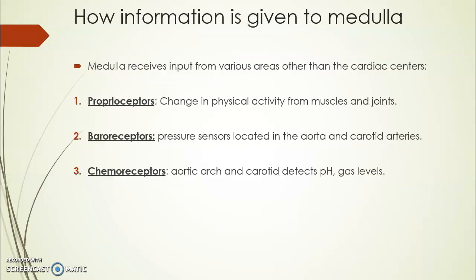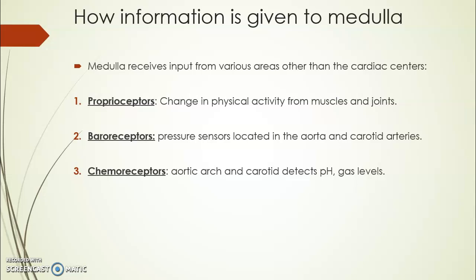So how is information actually given to the medulla? So if you remember in chapter 16, we had all different types of receptors that are going to sense different types of information that is going to be brought back to the brain. We talked about proprioceptors, which are going to be a change in physical activity or activity from the muscles and joints.